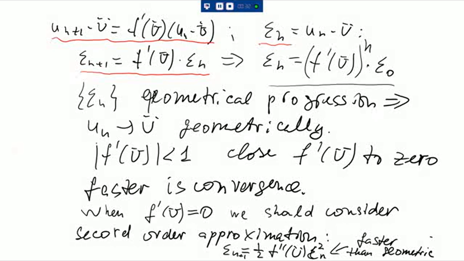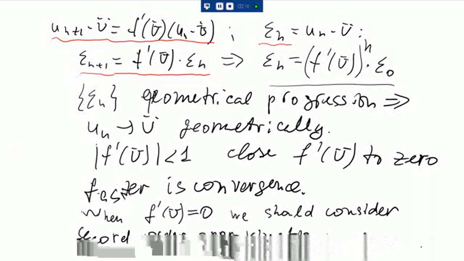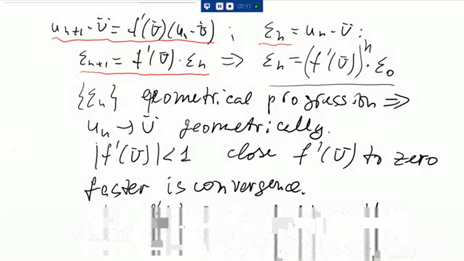Epsilon n is the derivative of f at u capital to the power of n times epsilon naught, the initial value of epsilon. So epsilon naught is u naught minus u capital.